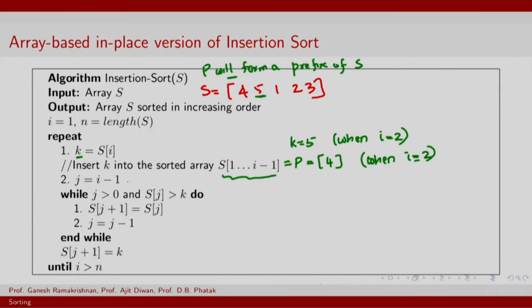So what you do is set the index j equals I minus 1. The idea is to scan P starting from the rightmost element.